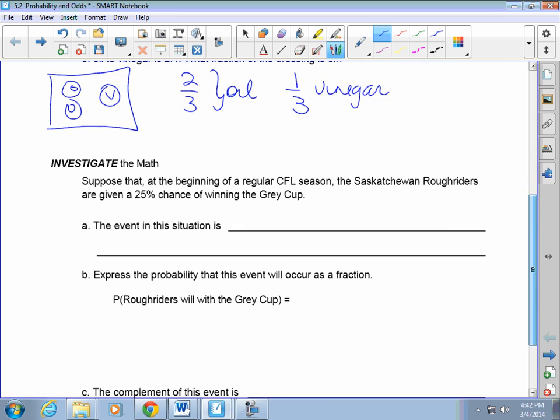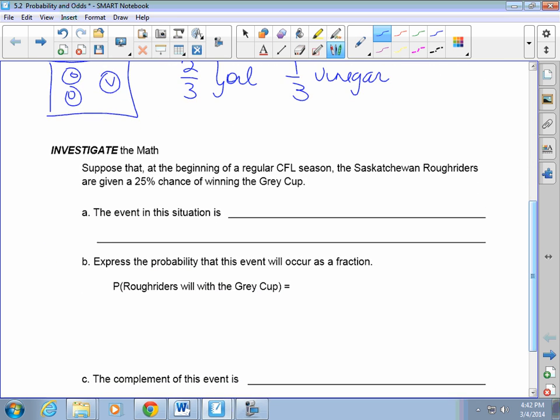So taking that a little bit further and using it with probability. Remember, the probability of an event occurring is between 0 and 1. Suppose that at the beginning of a regular CFL season, the Saskatchewan Roughriders are given a 25% chance of winning the Grey Cup. The event in this situation is that the Riders win the Grey Cup.